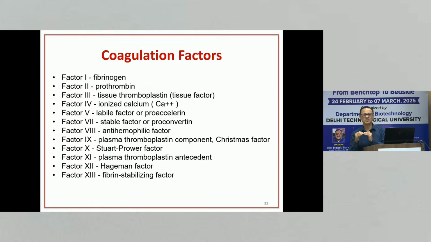Fibrin comes from fibrinogen. But when we are in the blood, fibrinogen is fine. It's protected, it's not causing any clotting. But when this clotting starts happening, fibrinogen gets converted to fibrin, and fibrin starts forming strands, and these strands of fibrin start getting cross-linked to stabilize that clot. Okay.